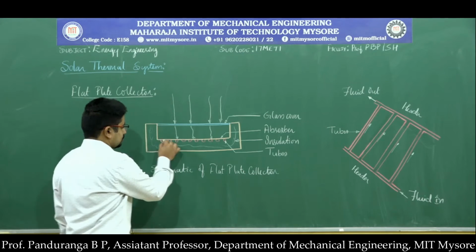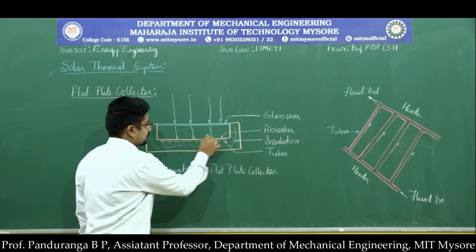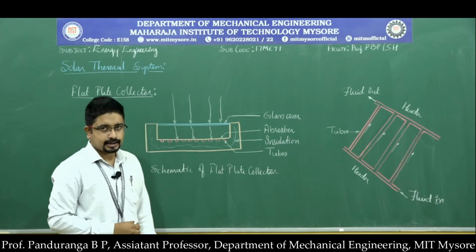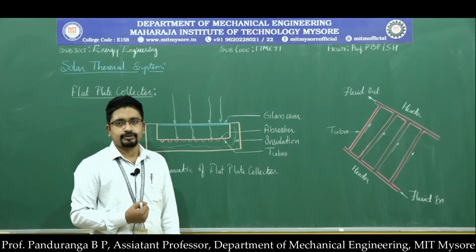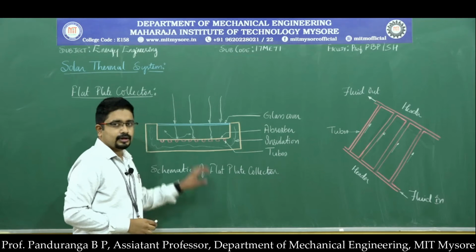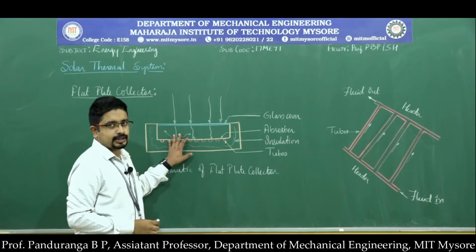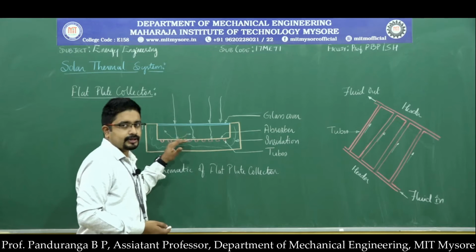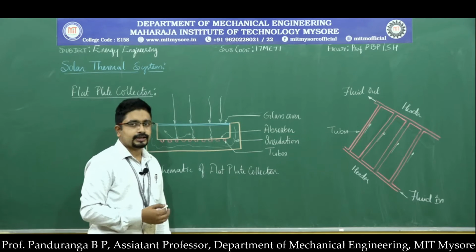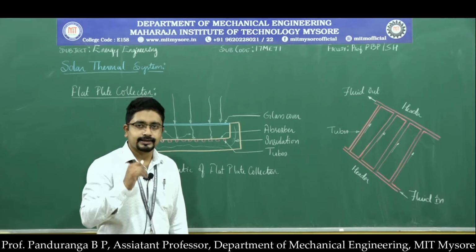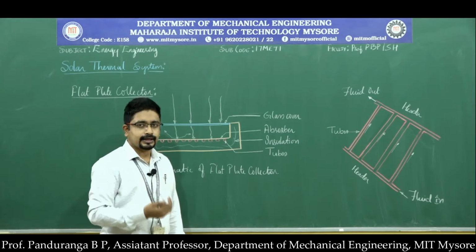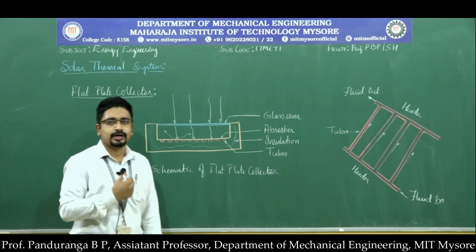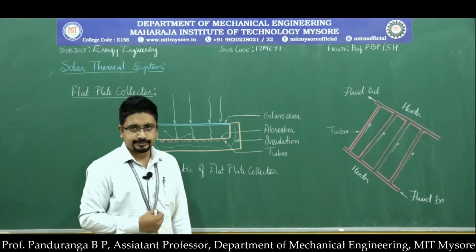Then the sun rays will strike the absorber plate, and being black, it absorbs a large amount of energy. Now after absorption, a certain amount of energy will be reflected, and the reflected rays will have slightly less energy than the incident radiation, because a part of the energy has been absorbed by the absorber plate.